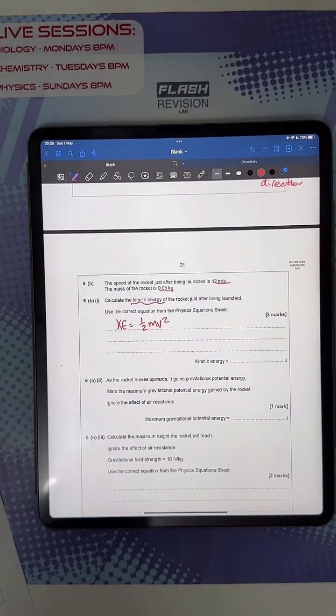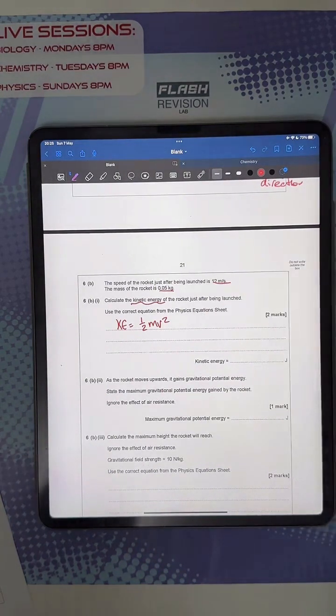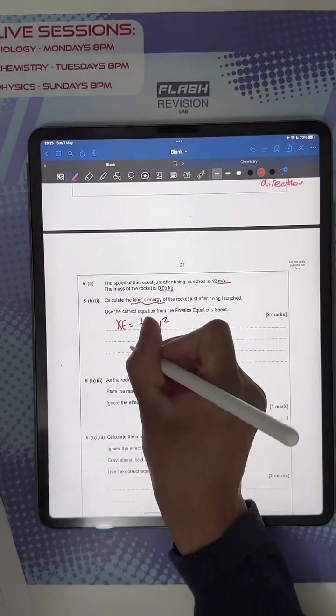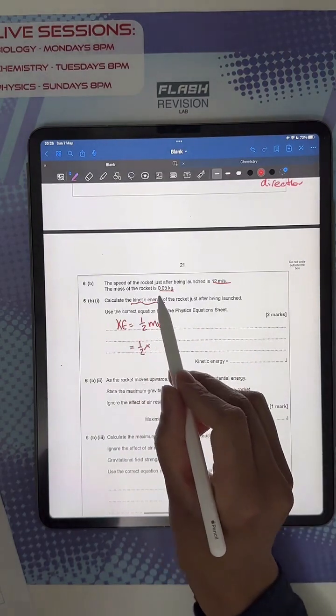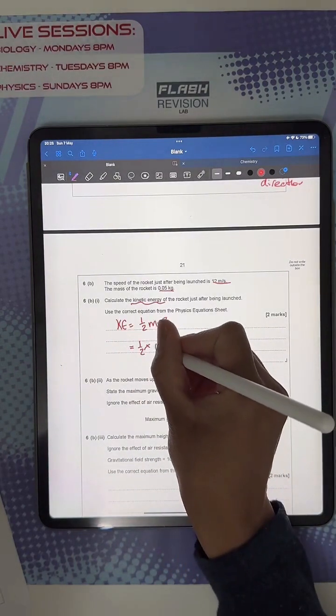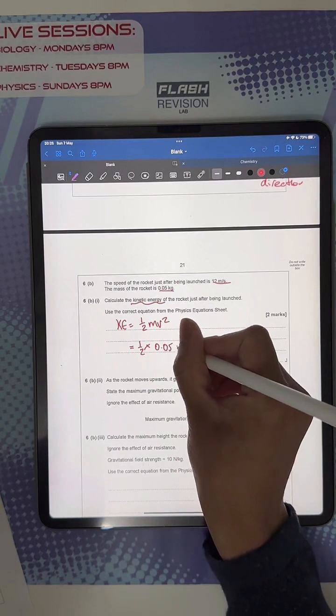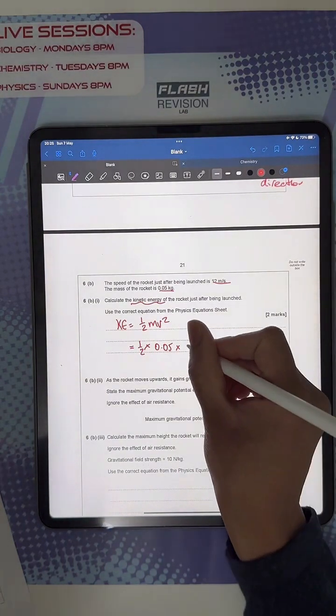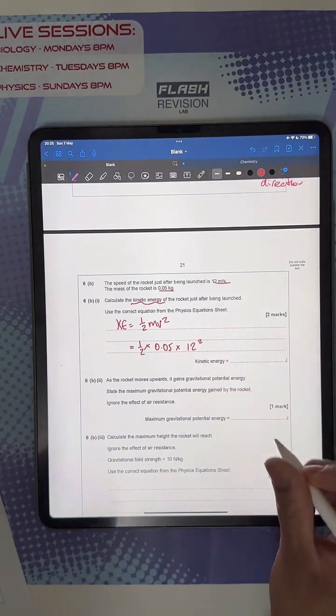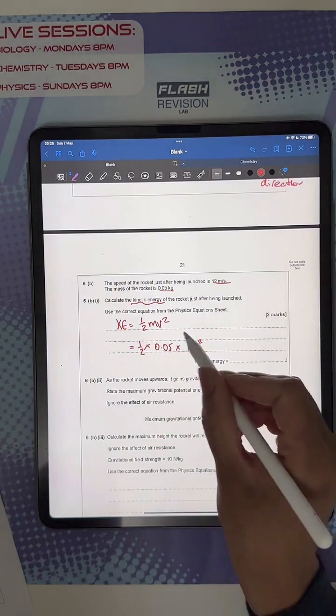Yeah, well done, guys. So let's sub in all the numbers. So half times, what's the mass that we've got here? The mass of the rocket is 0.05 kilograms. Remember to show your working out. Times v squared is 12 squared. So don't do squared of everything.